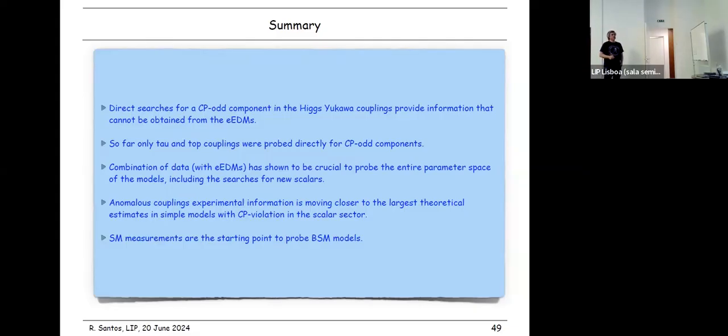Another very important point, the final message that I want to leave here, is that Standard Model measurements are the starting point to probe these models. Because sometimes it seems that they are not yet relevant, but they are extremely relevant, because they are the starting point to know if the new physics exists or not.